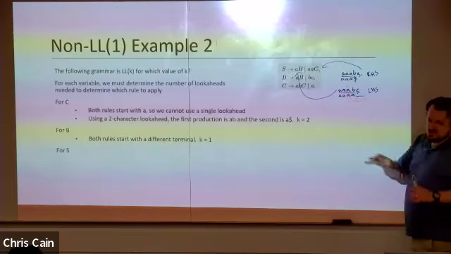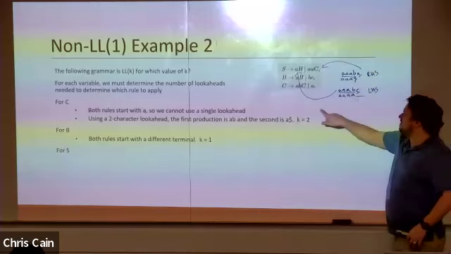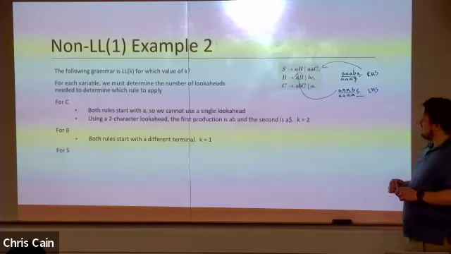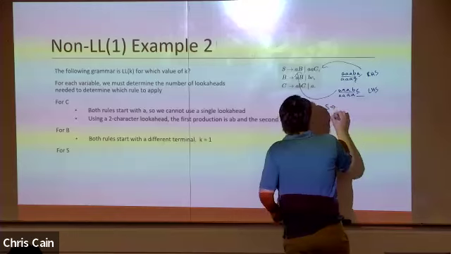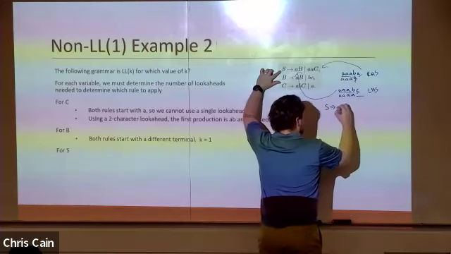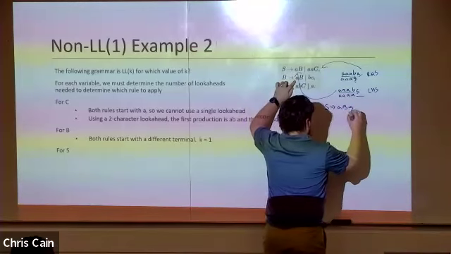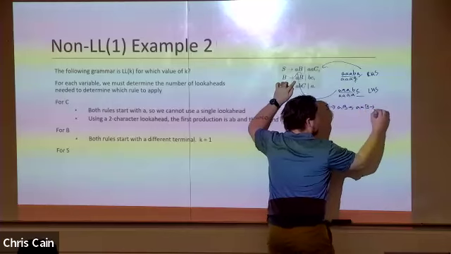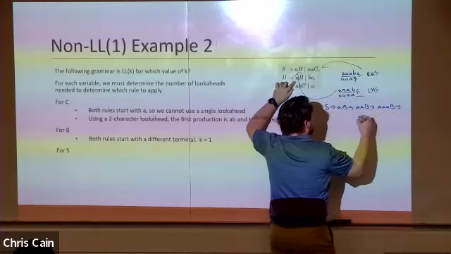Because if the look ahead is just AAAB, we can derive that from this set of rules or from this set of rules. We could go S arrow A capital B arrow. This B is now going to become AB. So we have AAB arrow AAAB arrow.